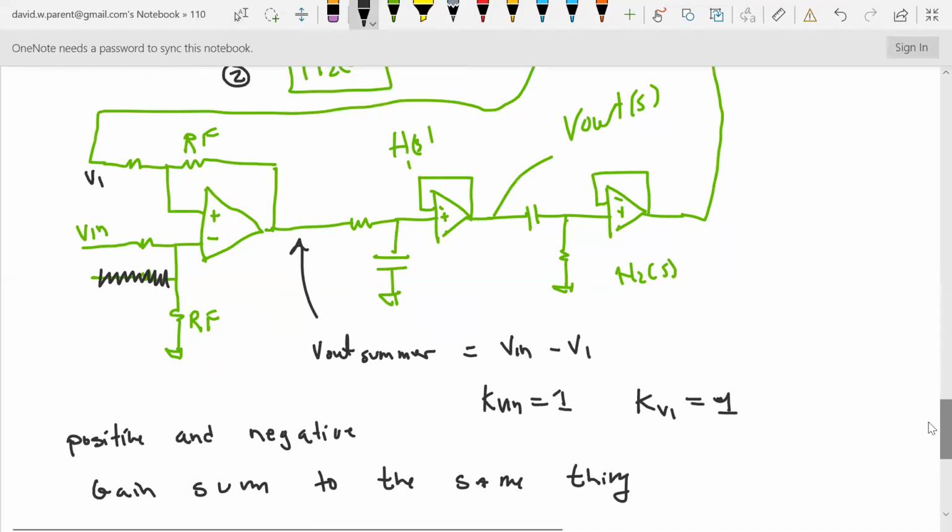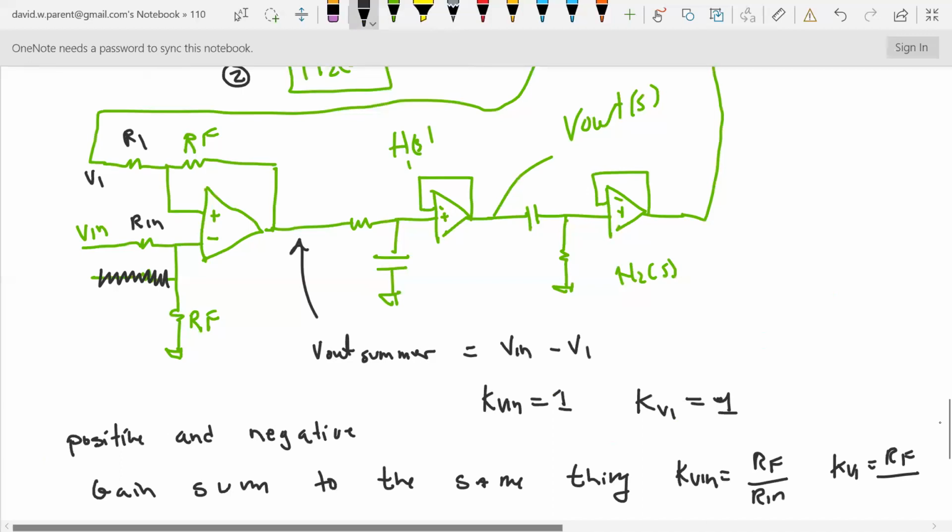Well, that means I don't have to add a dummy resistor, but that means K V in is going to be RF over, let's call it RN. And K V1 is going to be RF over R. I don't think I used 1, so I'll call it R1.